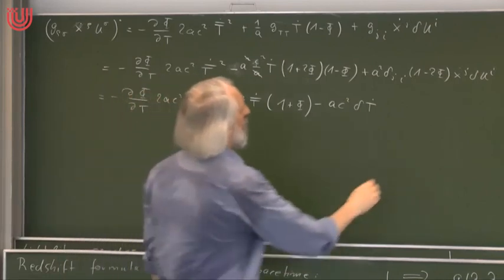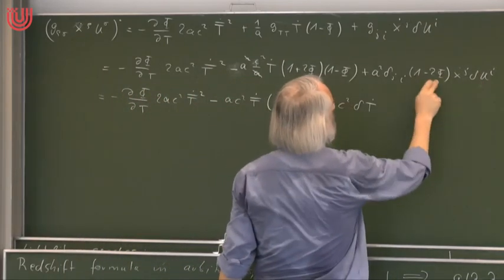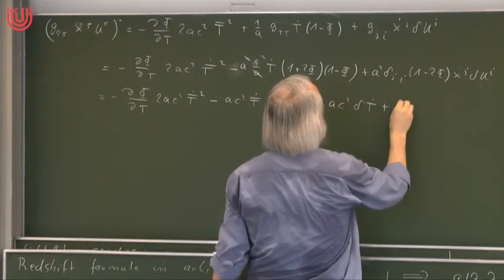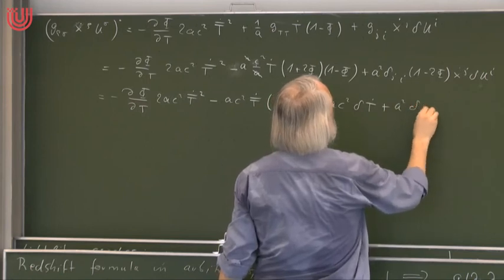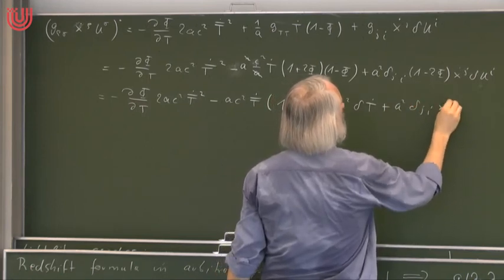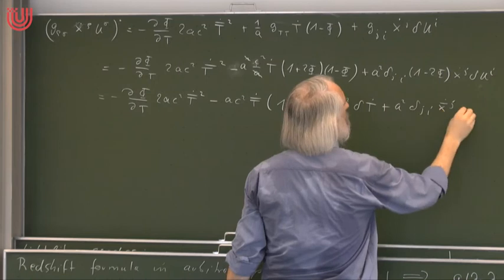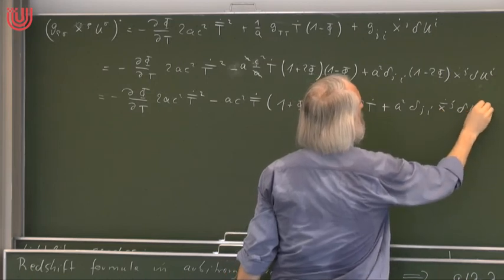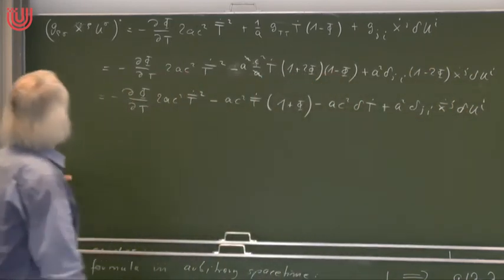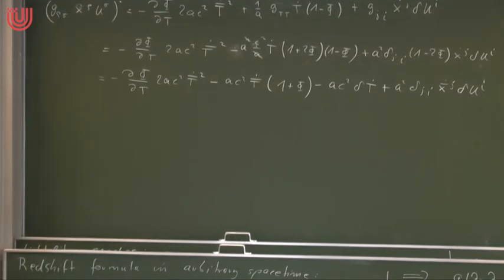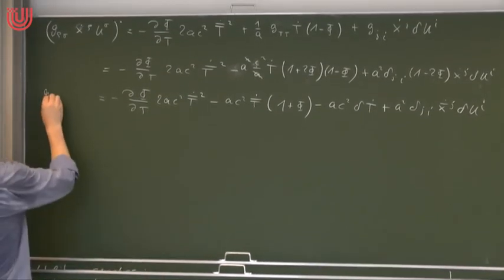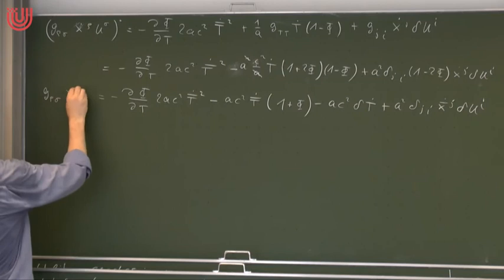And the last term, this is already first order, so this term can be omitted. A squared delta ji, and this is zeroth order delta ui, and I think that's it. Okay, this is the formula I wanted to derive.